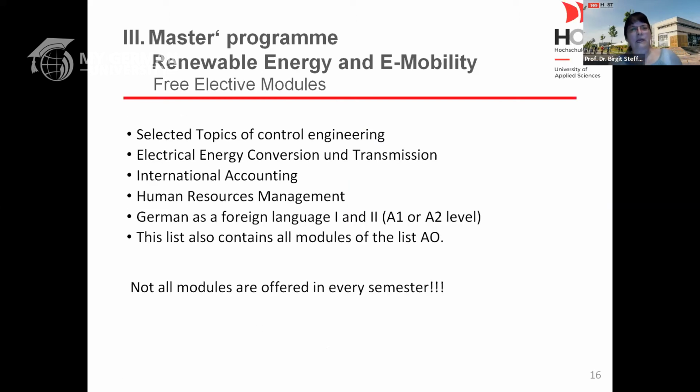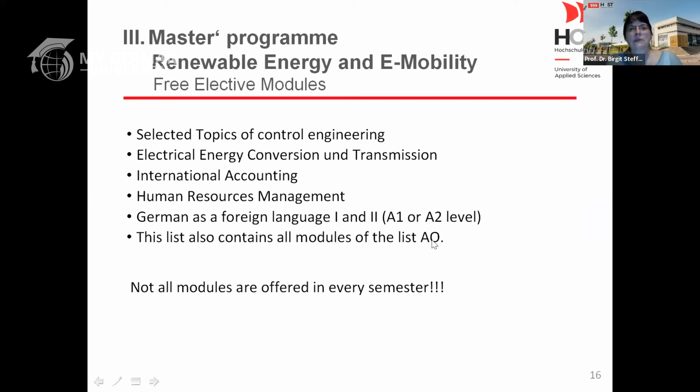In this list, we have 3 elective modules in the variant 4 semesters without internship semester. You have the possibility to take modules in other fields of electrical engineering, or international accounting, human resource management, and also you can learn German if you have no knowledge in this language, at 2 levels, 1 and 2.